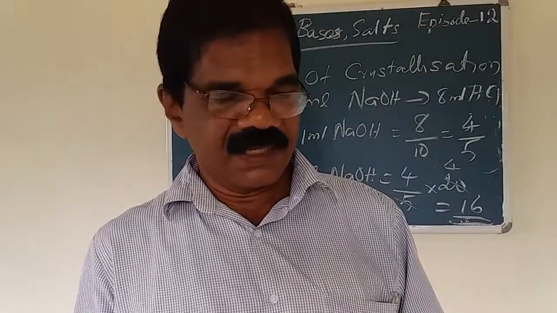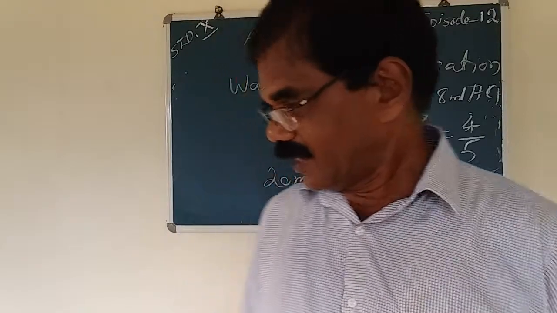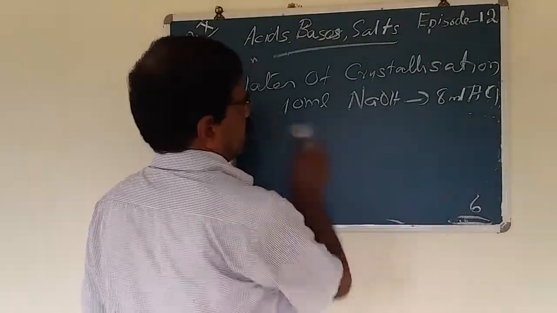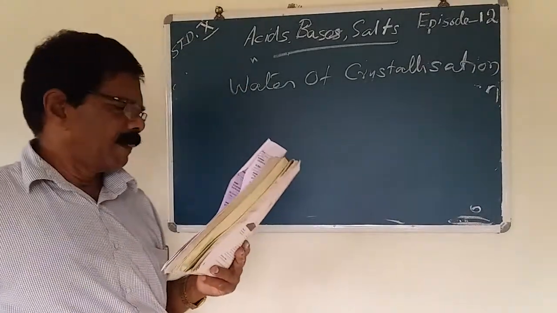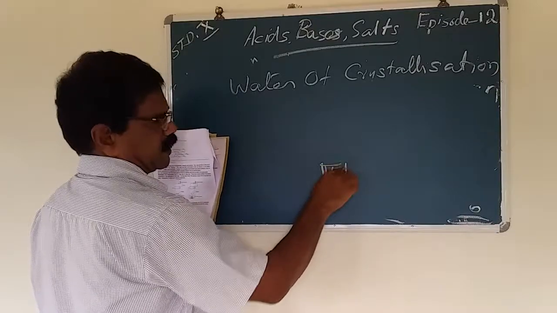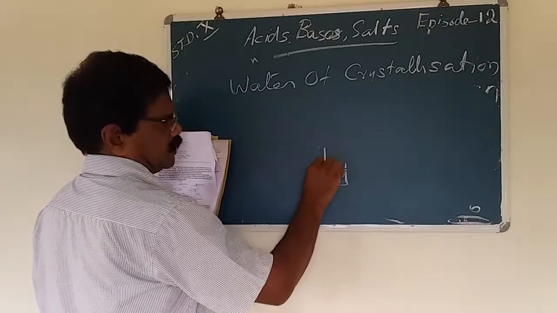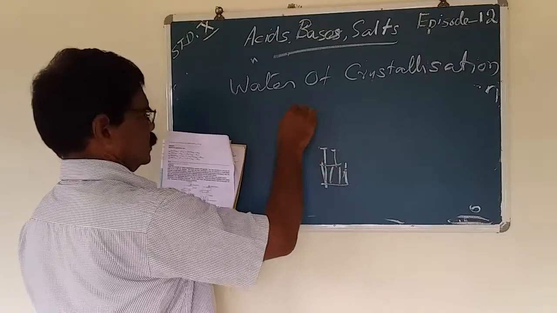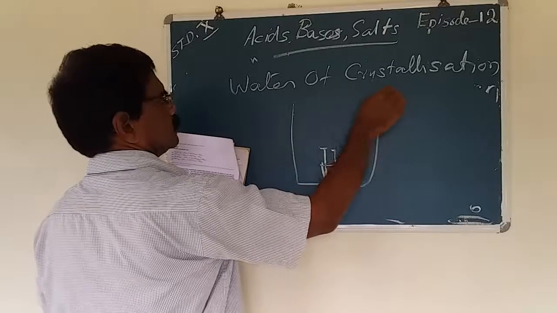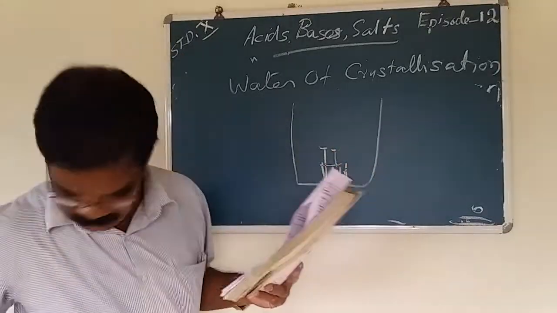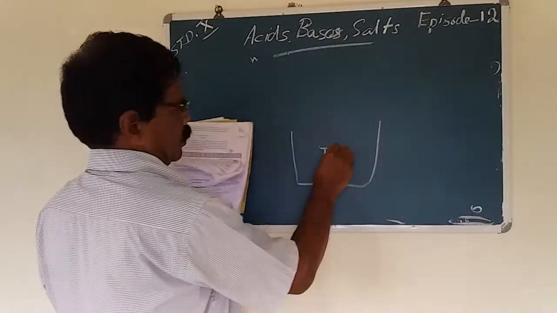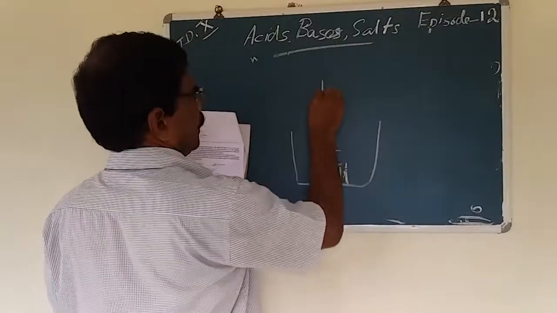acids. In the textbook, we have learned an activity with 2 nails fixed in a cork. This is a cork, and these are 2 nails.